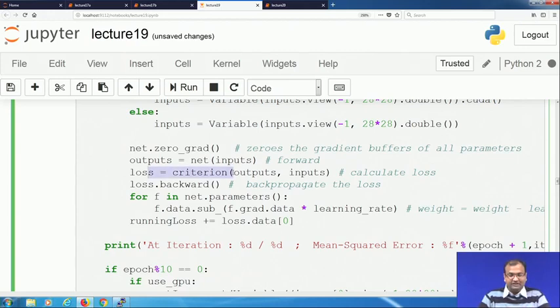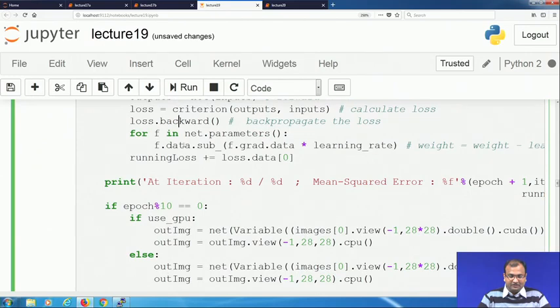After that, I find out the loss function, using my criterion, which is the MSE loss function, and this is just the difference between the input and output, because I was just trying to reconstruct whatever was given as input. Okay. Now I need to do a backward, the derivative of my loss, the nabla of my loss function, nabla of J, and here I get my derivative of the loss, and then comes my vanilla gradient descent, the plain method of gradient descent which I am using.